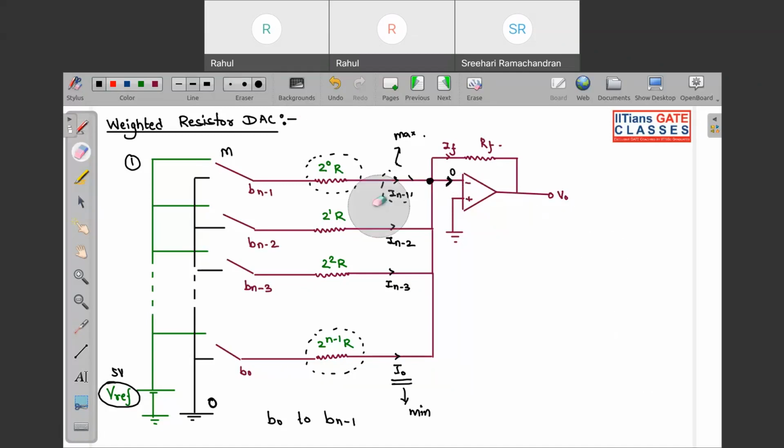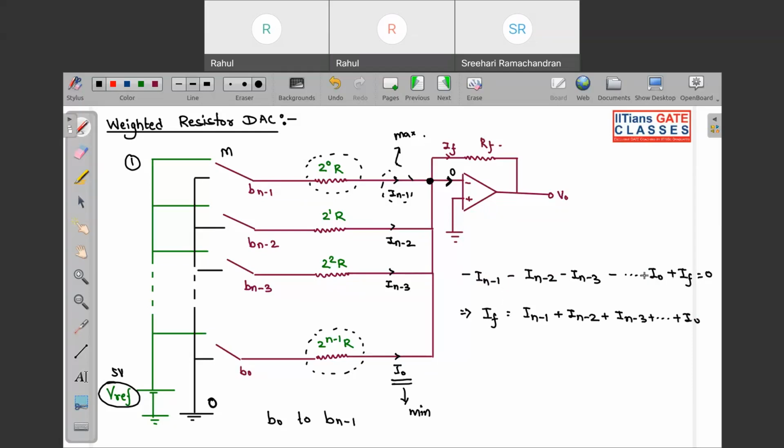So if we apply nodal analysis at this node, that will be minus I0, minus In minus 1, minus In minus 2, minus In minus 3, plus If equal to 0. So this can be written as If is equal to In minus 1 plus In minus 2 plus In minus 3 till I0.